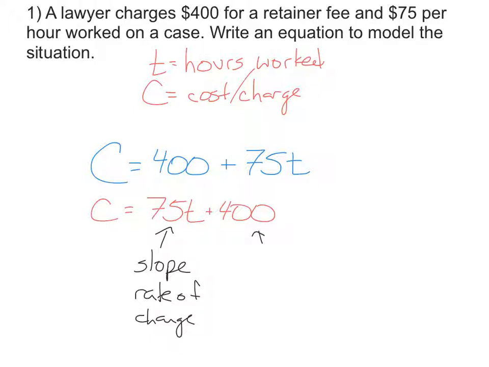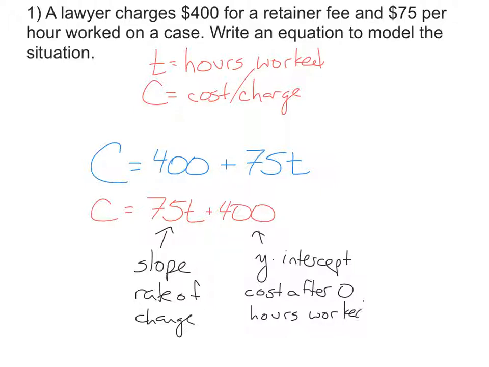And this would be the y-intercept, or better yet to say, the cost after 0 hours worked. And maybe y-intercept is a bad word. Maybe we should say it's the c-intercept since we don't have a y variable.